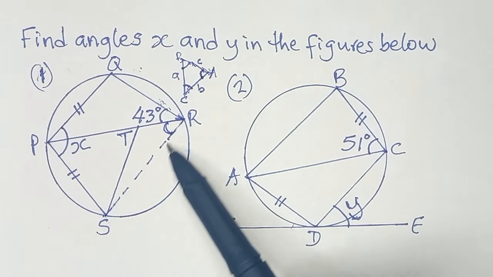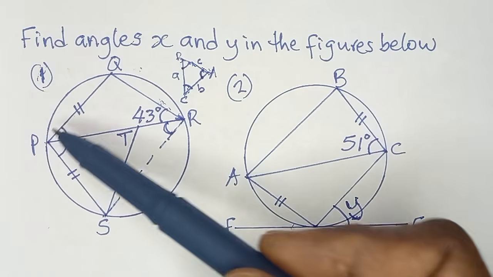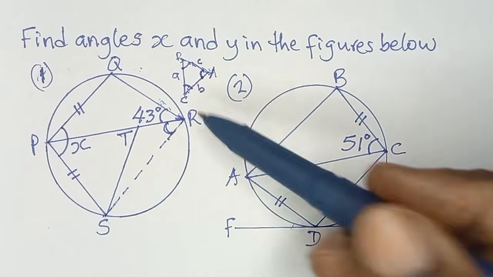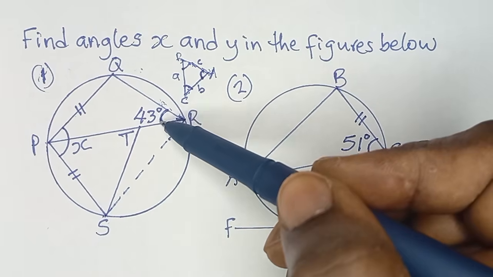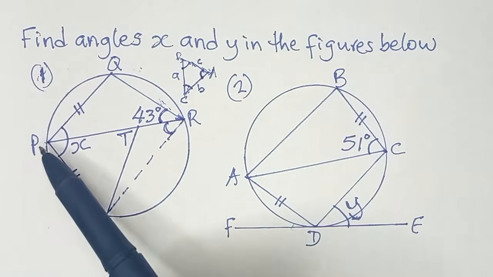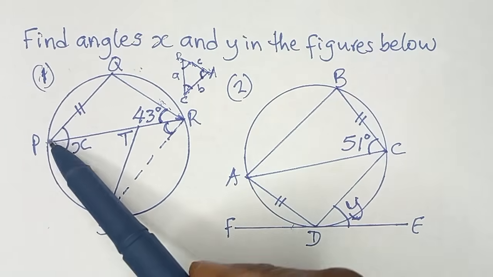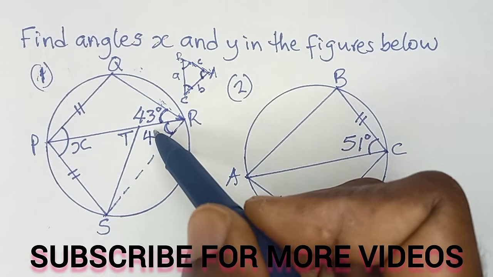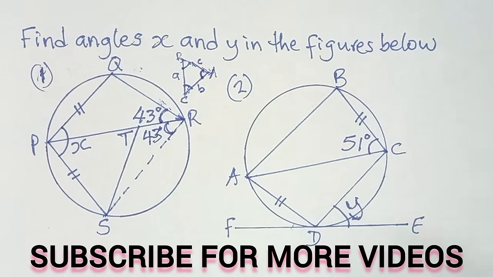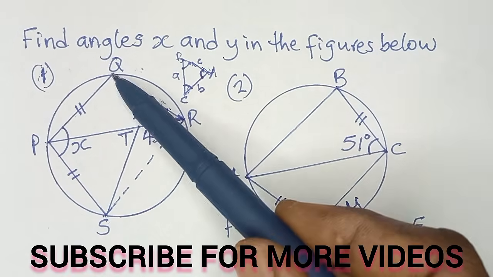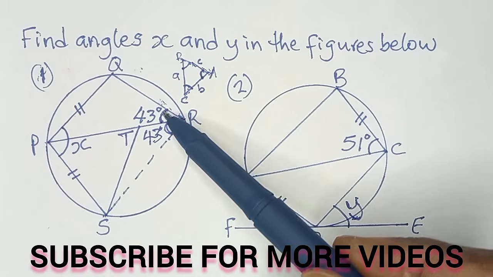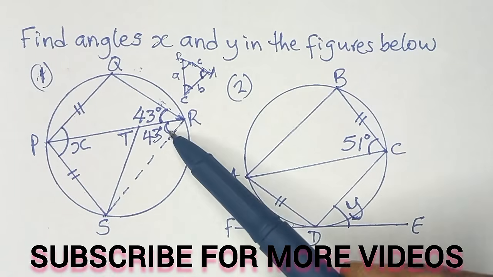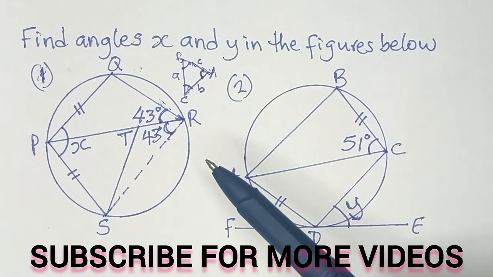So if this chord, PQ, subtends 43 at the circumference, in the same way PS, which is also equal to PQ, will also subtend 43 degrees. And the rule is that equal chords subtend equal angles at the circumference of a circle. Hope you are getting that now.